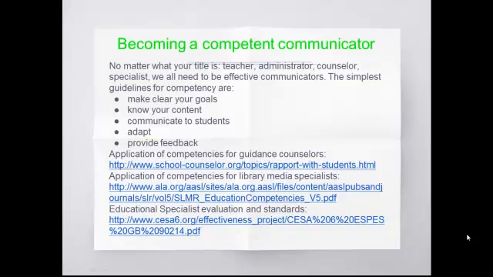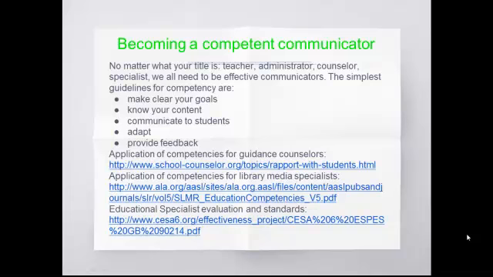And the simplest guidelines, depending when you're working with students, maybe you're not a classroom teacher, but when you meet with a student to talk about their registration for next year's classes, or you're meeting with them to do a session on speech language, you need to make clear what your goals are for you and the student. You need to know your content. You need to communicate to the students, adapt, and then provide feedback.